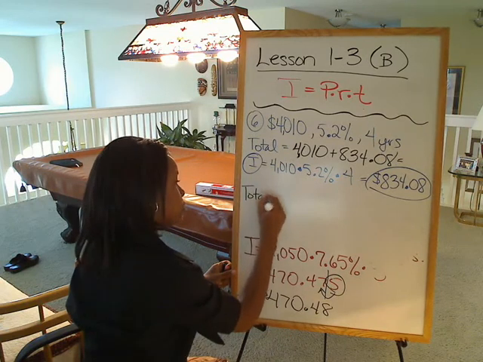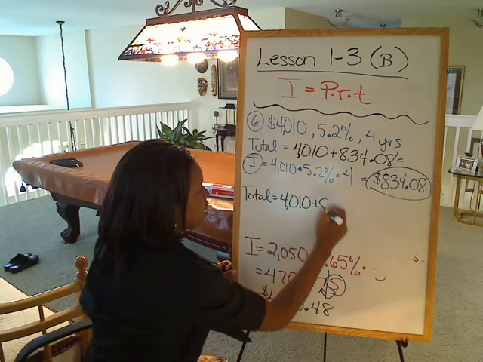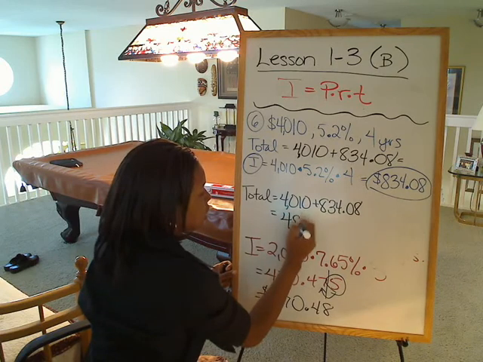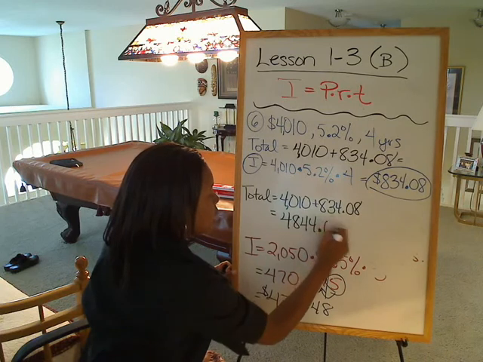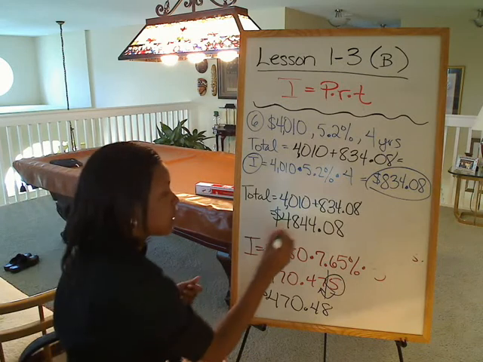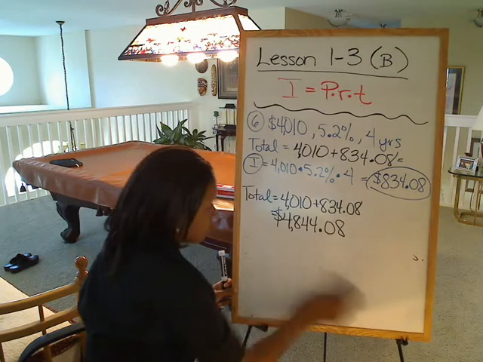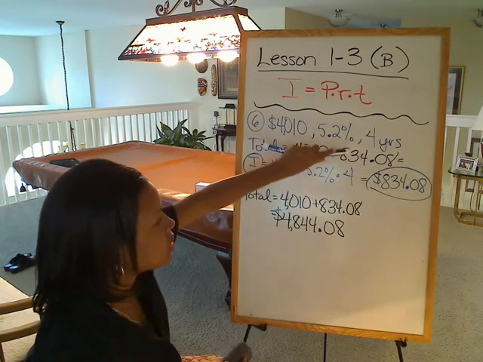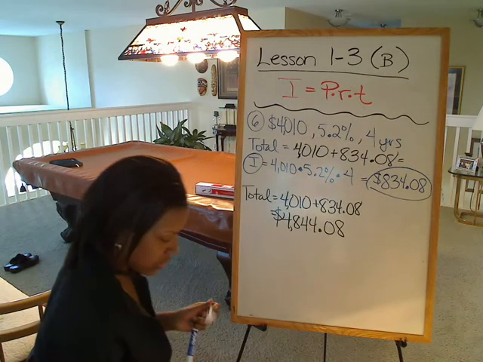This is the total. $4,010 plus $834.08 equals $4,844.08. That's your total cost. So for the total cost, you have to add the original amount plus whatever the interest came out to be. Okay, let's do number 7.